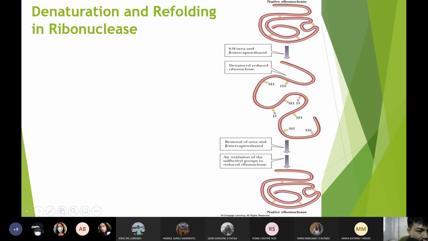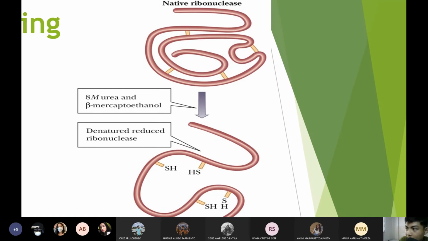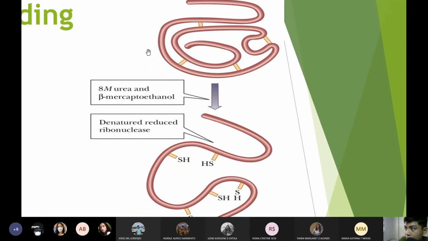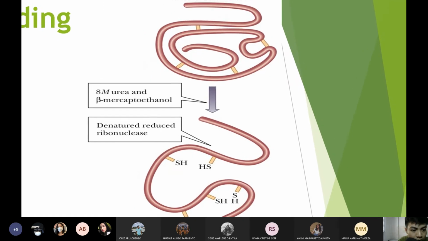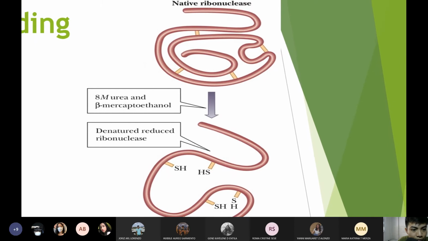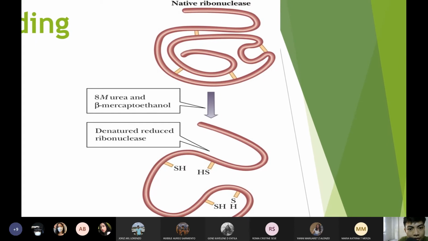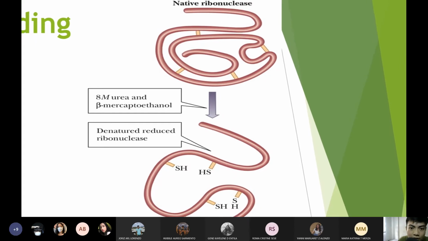So we have here a picture, ano to, ribonuclease. So for example, we have here the ribonuclease. Okay. So this is your native ribonuclease daw. So this is one of the protein that is used in, saan ba to ginagamit? Siguro sa DNA sequencing na.